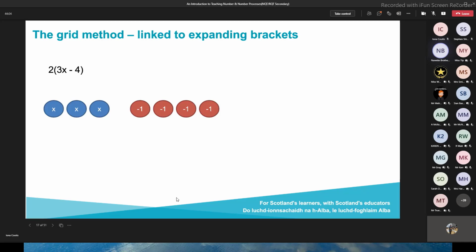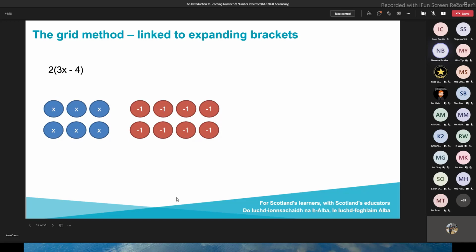So we can link back to that grid method, but initially we can model the example using Algebra Tiles, and many of you have said that you've got some experience of them. So here we've got 3 x's and we've got our 3 negative 1s. But we know that we have 2 sets of them.